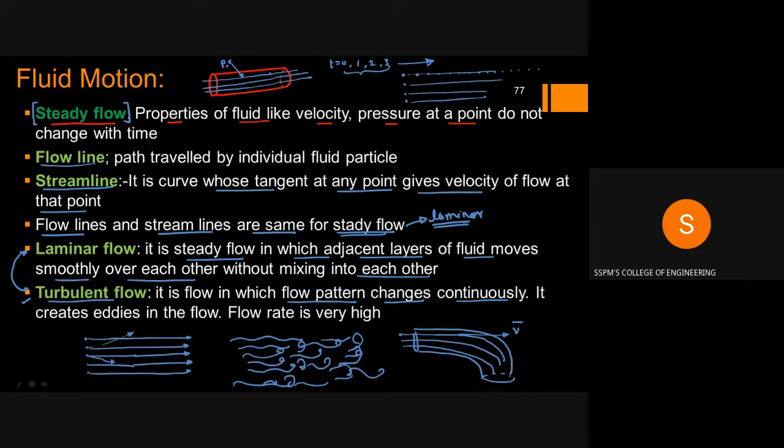Such a type of flow pattern is for the turbulent flow, and for the turbulent flow, the flow rate of that fluid is very high. So this is the difference between laminar and turbulent flow.